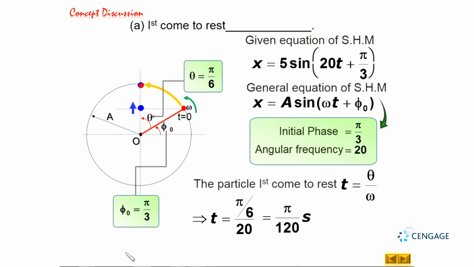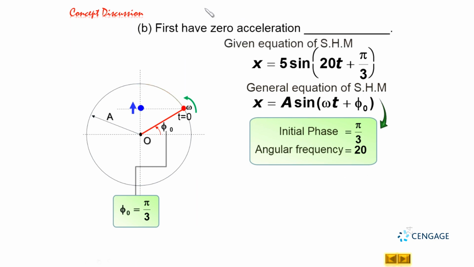Now let us move to the B part of the question, that is first zero acceleration. You know, particle acceleration is 0 at the mean position, and at t = 0 the particle is located at this point. You can follow the motion of this particle.